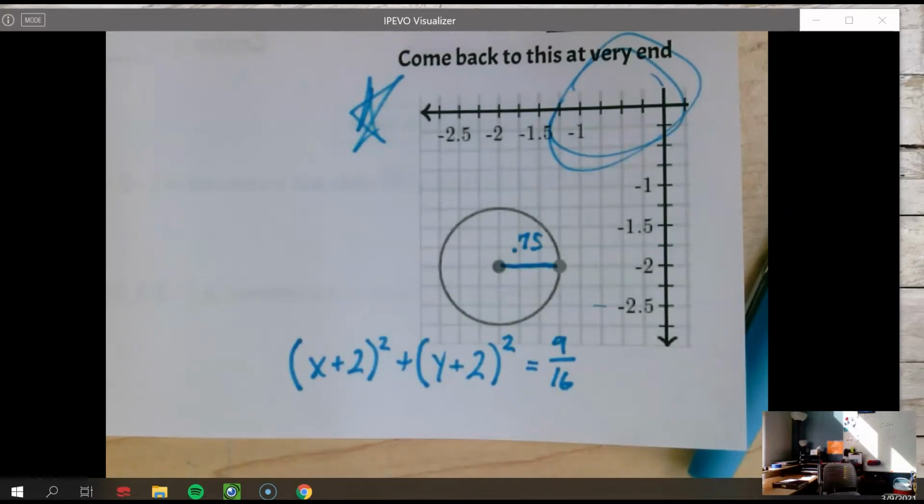So what is a 16th? It's half of an 8th, right? If an 8th is 0.125, then a 16th is 0.0625, so we'd have 0.5625. Yeah, I think it's 0.5625.